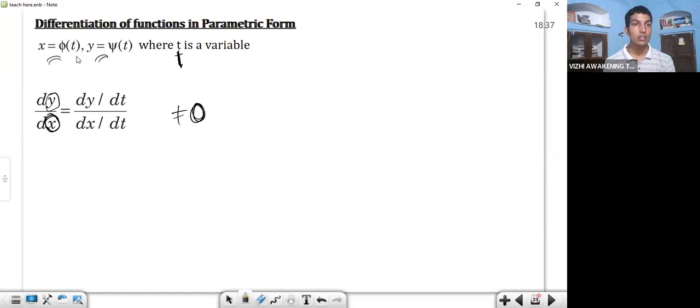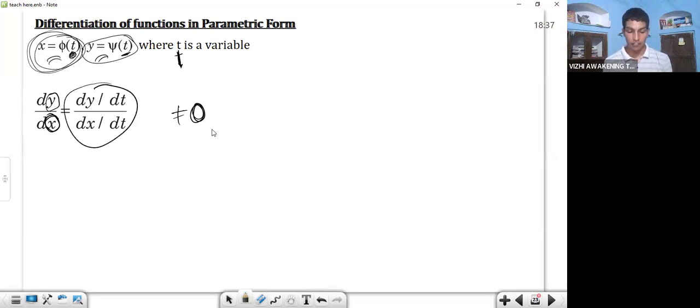Because y is depending on t and x is also depending on t. So when we change x, y will also change. If we change x, then t changes, and if t changes, then y changes. That's why there will be some finite derivative value and it will not be equal to 0.